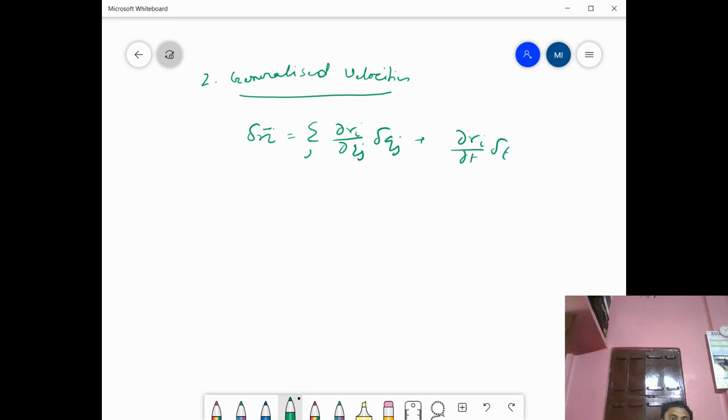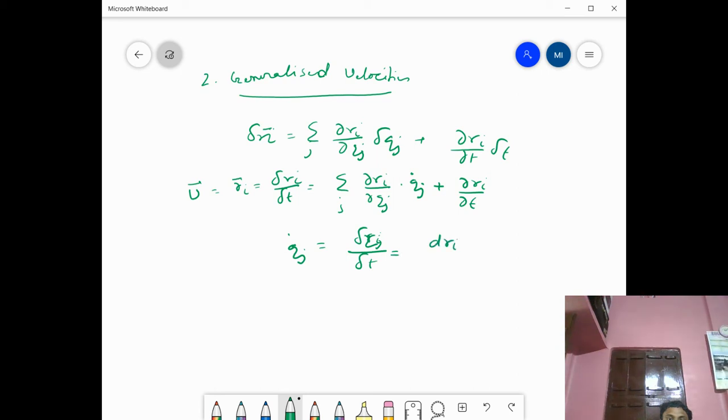Now velocity, generalized velocity vi will be equal to ri dot equals delta ri by delta t, which equals summation over j del ri by del qj into qj dot, plus del ri by del t, where qj dot equals dqj by dt.